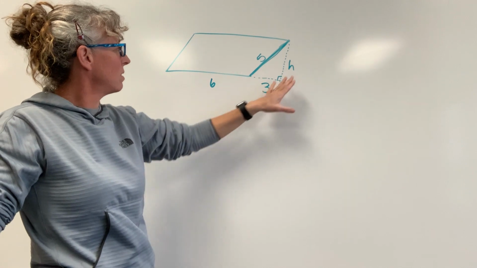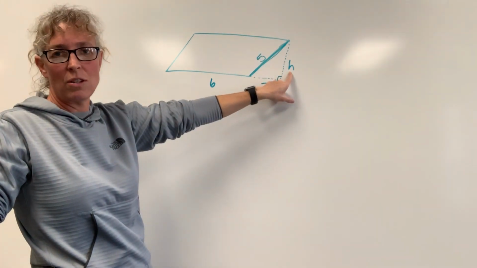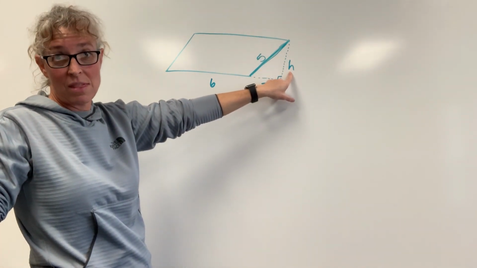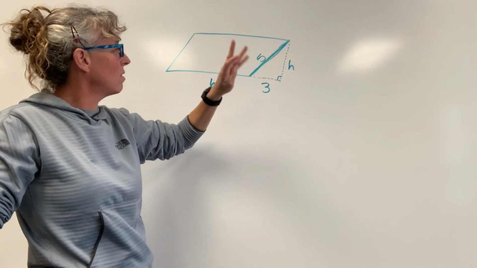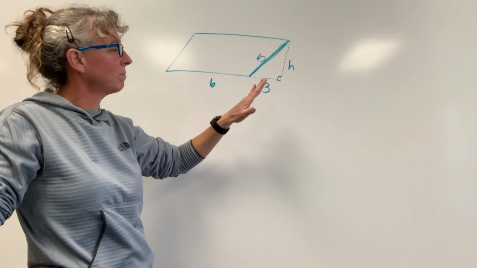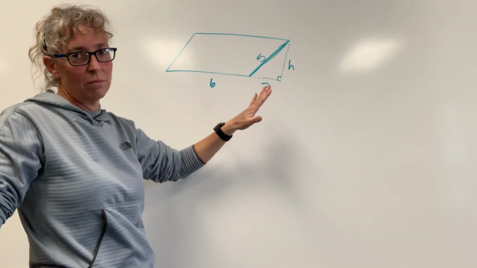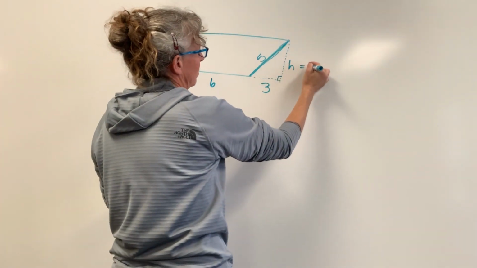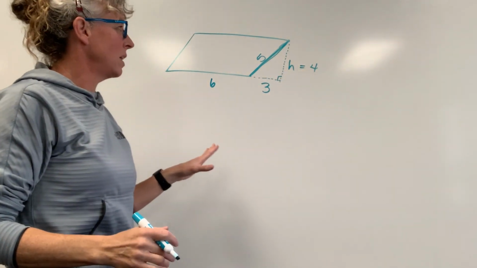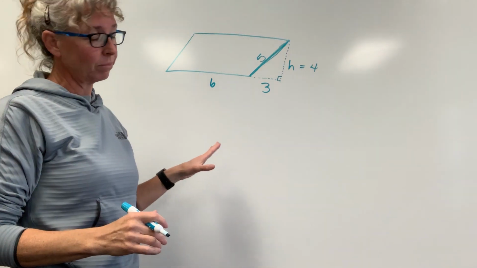Does anybody know how to find this missing side of this right triangle? Pythagorean theorem, right? So go ahead and plug this into your calculator right now. And you should get 4, because 3, 4, 5 is a Pythagorean triple. All right, so now we know the height is 4.